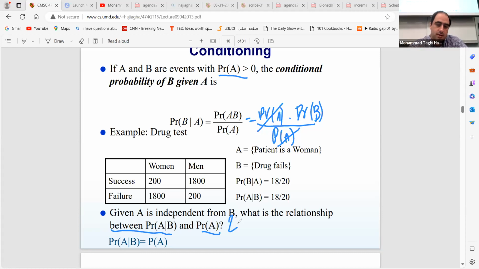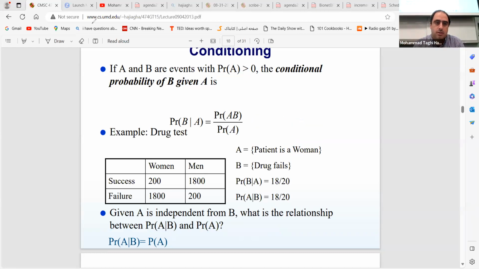So if we want to determine independence, we should use the first definition. This is not the definition. The definition is the original one. This is just some lemmas that come out of it. If we have this and the probability of this, then it is correct, but this is not the definition.